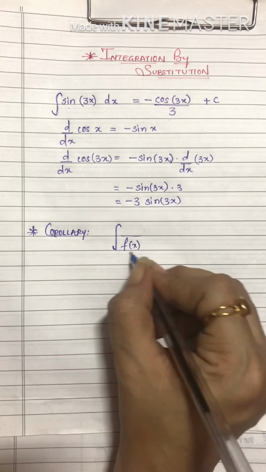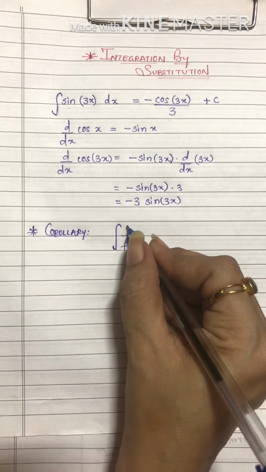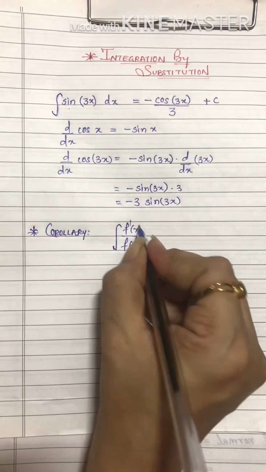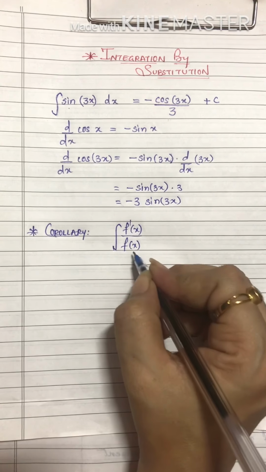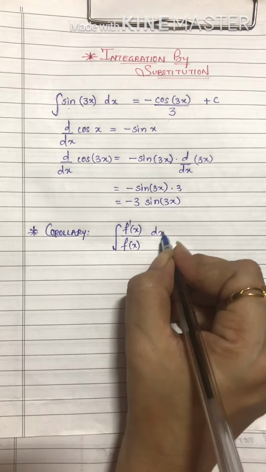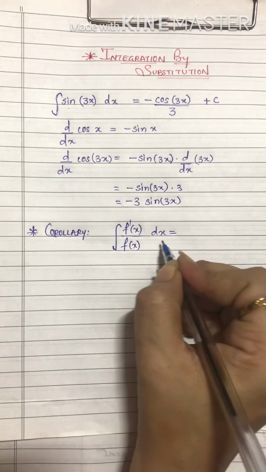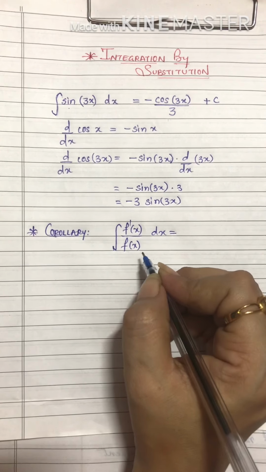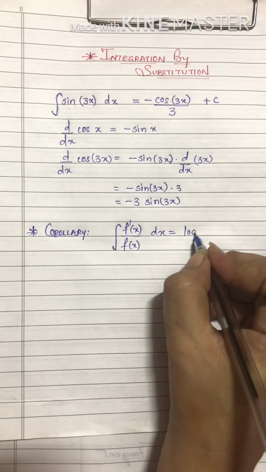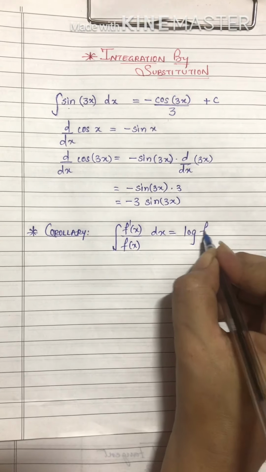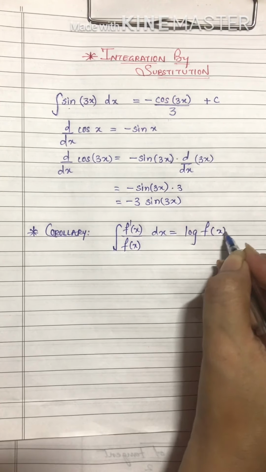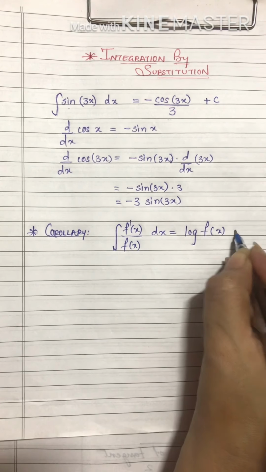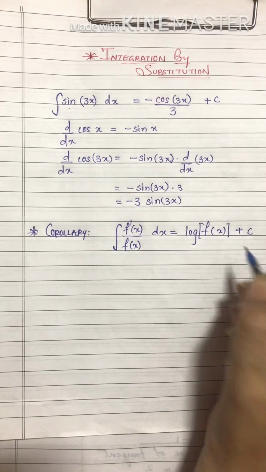Let's say there is a function given in the denominator, and in the numerator you have the derivative of that function given in the denominator. You need to observe and identify which question is such a one. In such a case you can write the answer directly: log of the function given in the denominator, plus c.